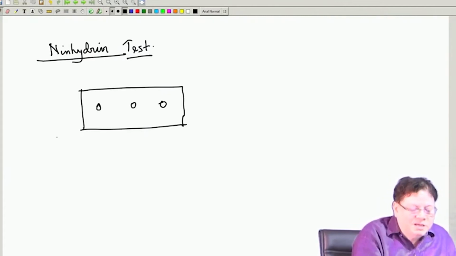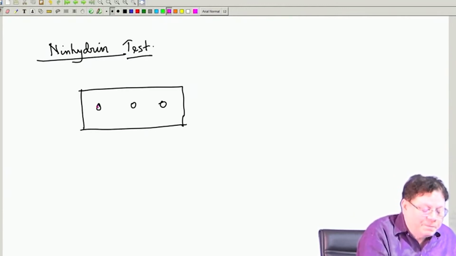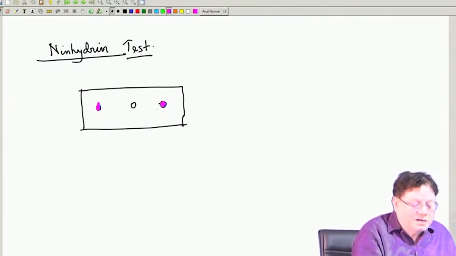And what will I see? I will see that these spots will be somewhere bluish. See, it is a mixture of something like this bluish violet. I think you cannot make this color here. Because it is a single color, it shows a slightly violet color, something like this. Okay.